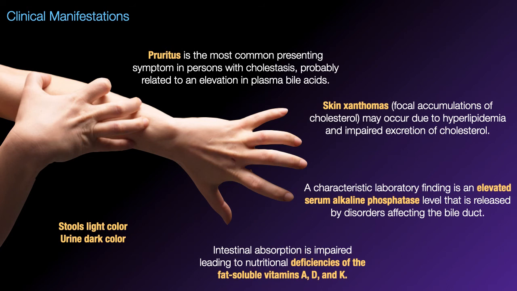Also, when bile gets into the small intestine, some of the conjugated bilirubin is converted by microbes in the gut to urobilinogen, which can get reduced to stercobilin, which gives the stools their characteristic brown color.